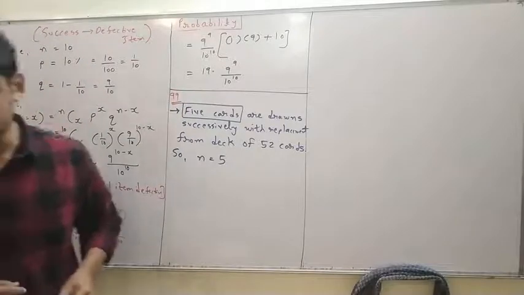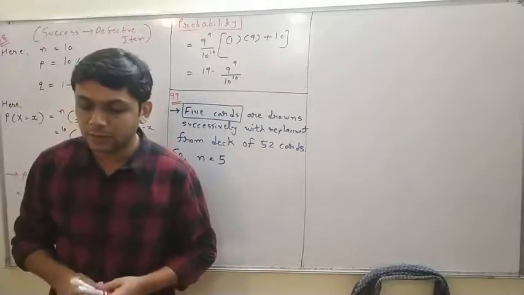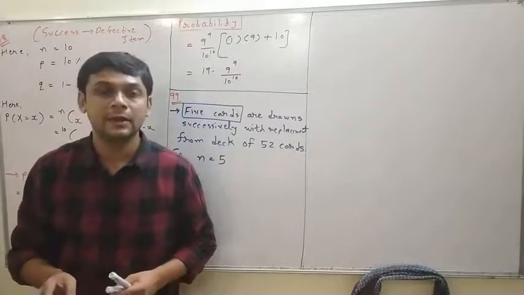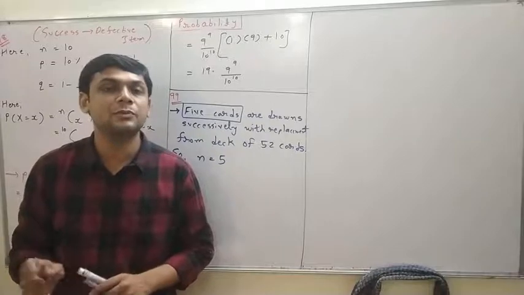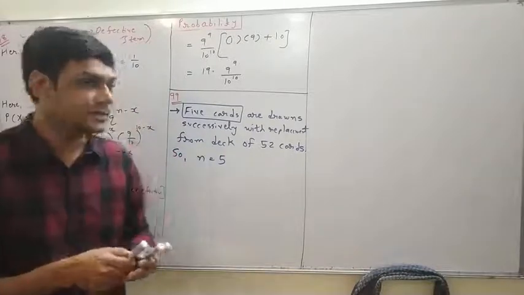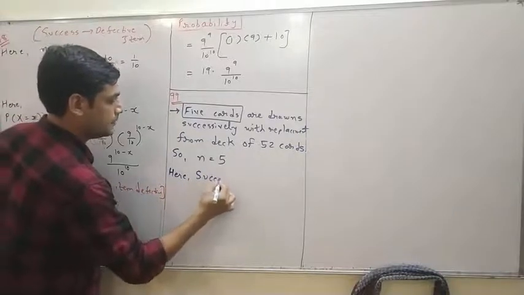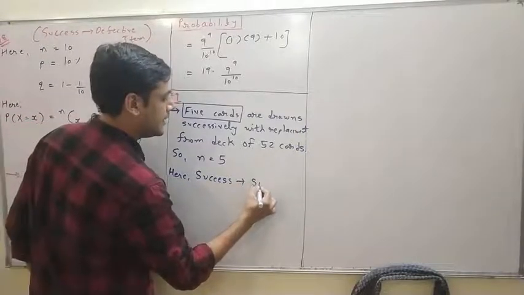Then in each question, probability is asked for 5 cards being spades, only 3 cards being spades, none being spade. Means for all of them the probability is asked for a spade card. So here success is a spade card.